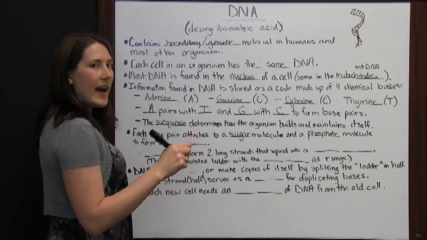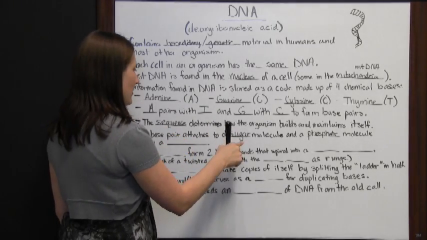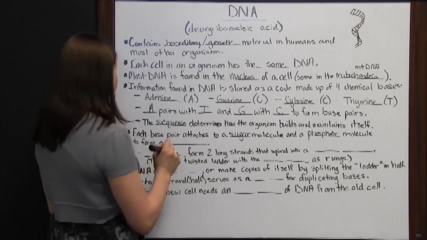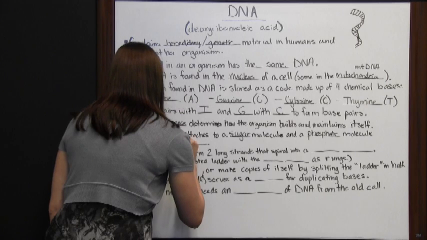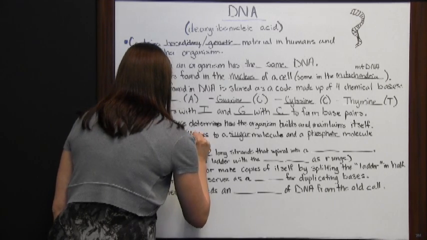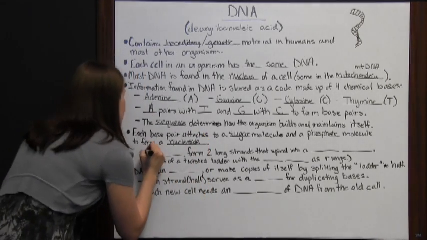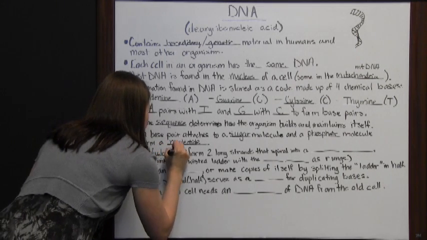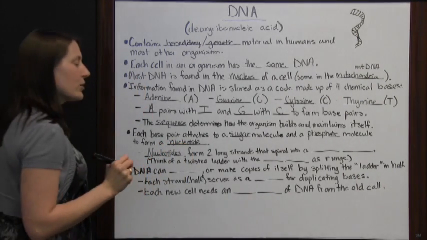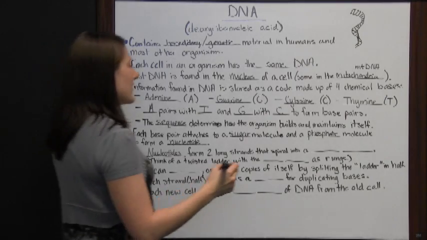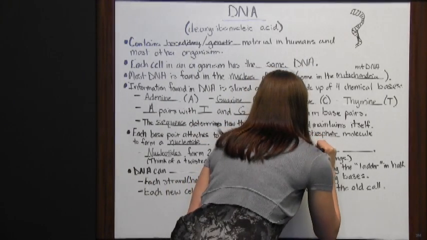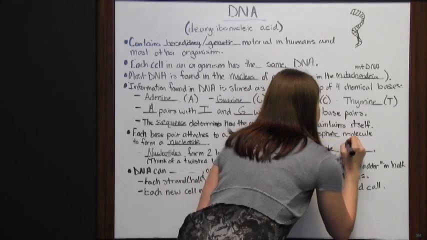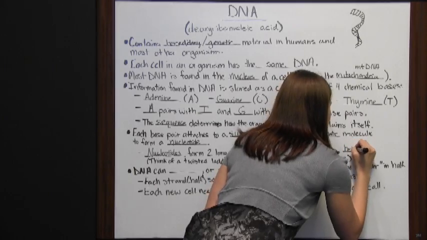And once a base pair attaches to the sugar molecule and phosphate molecule, it forms a nucleotide. And these nucleotides form two long strands that spiral into a double helix. That is the shape that DNA takes on.